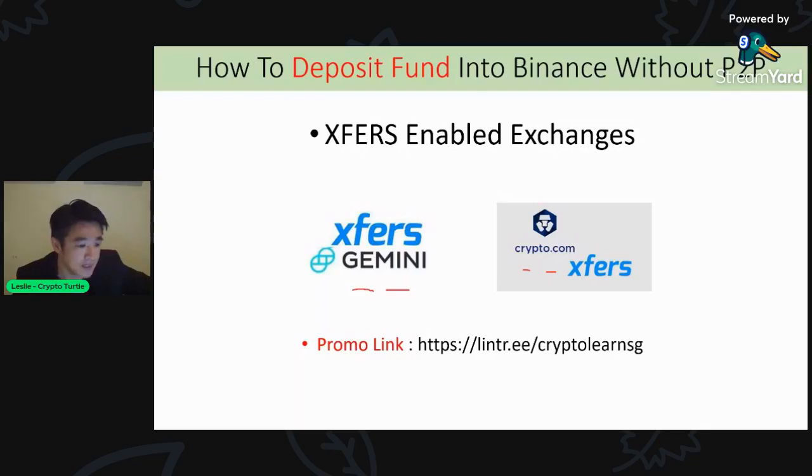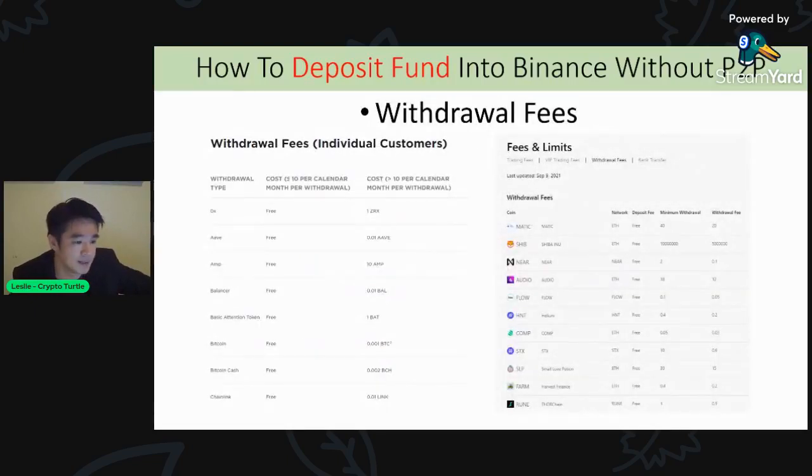Okay, so once you open either one or both of them, no problem if you want to open two. And these are the withdrawal fees. Some people will go to the extent of selecting coins that have a lower transfer fee.